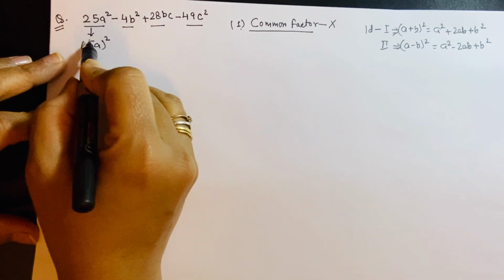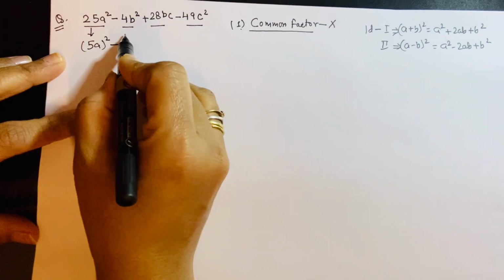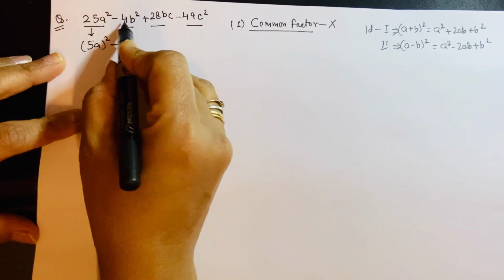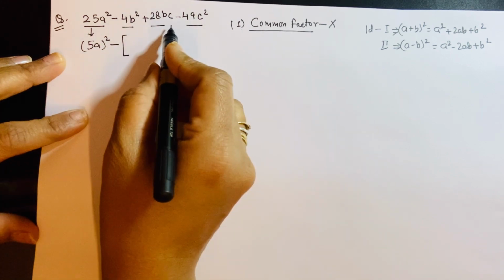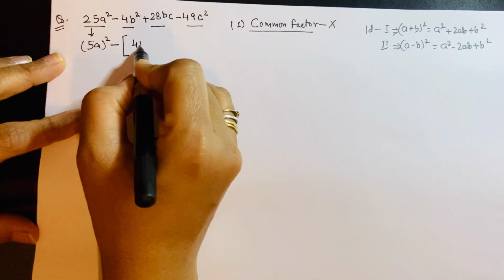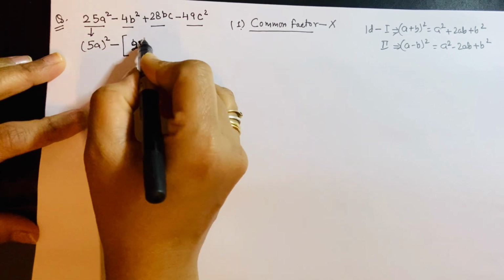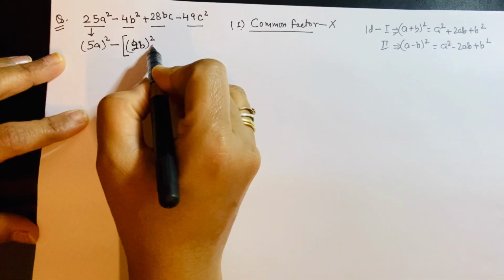Now you factorize this, then take out the minus from here and then factorize the other three identities. So 4b square will be 2b whole square, then leave the middle part.